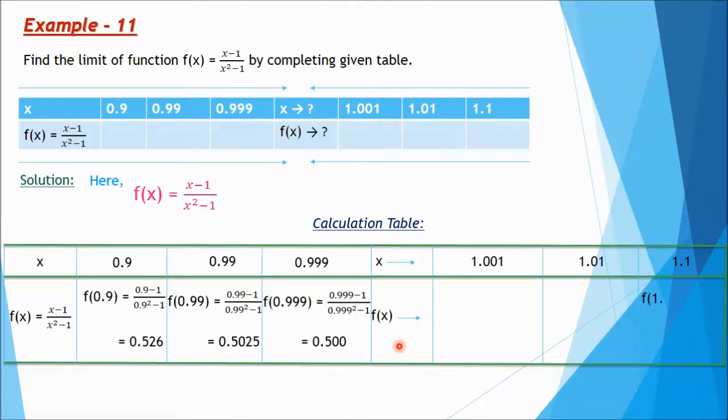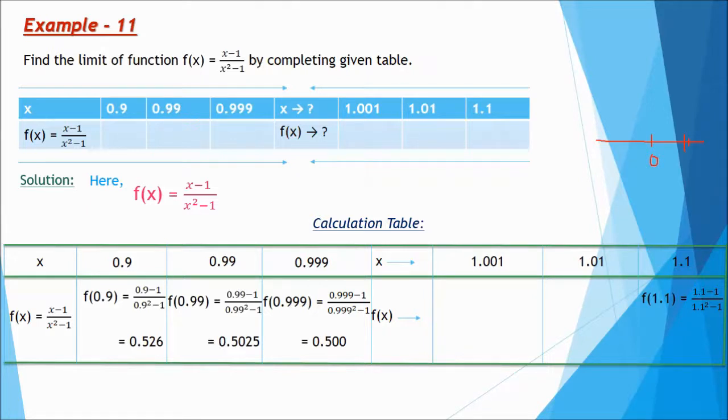Now from the right side, the first value will be 1.1. We have to use 1.1 first. Why are we using 1.1 first? Let me explain. You have seen the number line previously. It's 0 and it's 1, and 1.1 is this value.